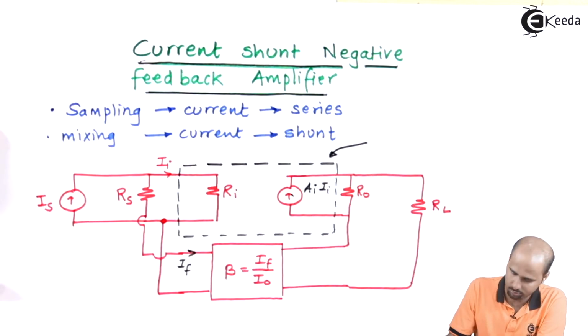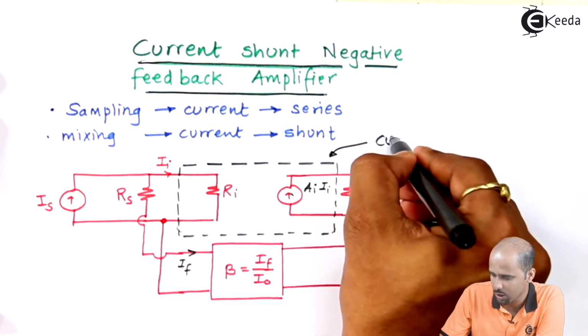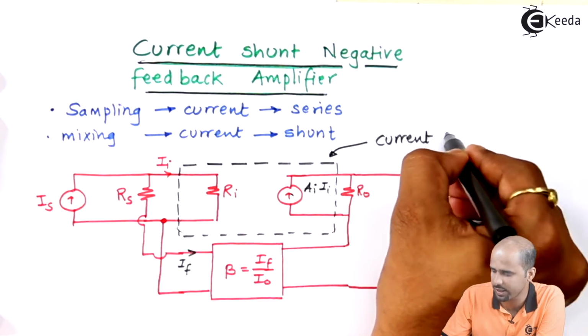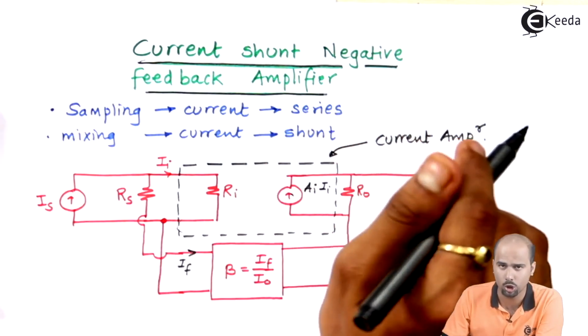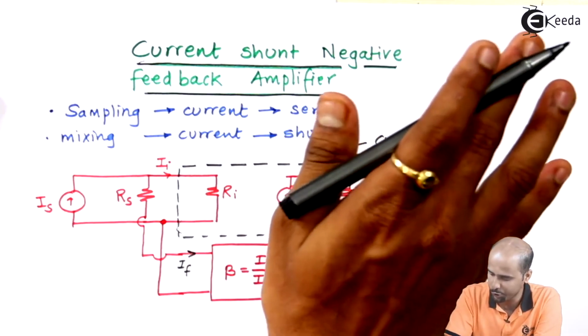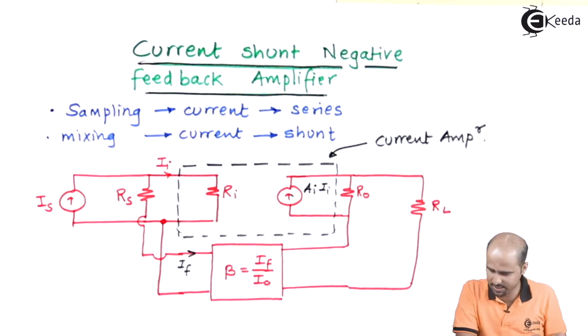And this black dotted line represents your current amplifier. So as far as this circuit diagram is considered, we noted each and every parameter for the current shunt negative feedback amplifier. Now let's start with the analysis.